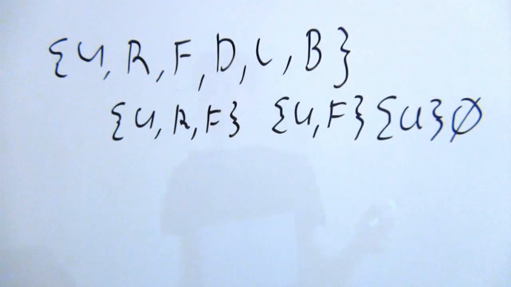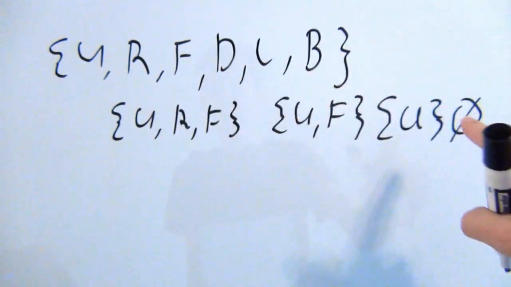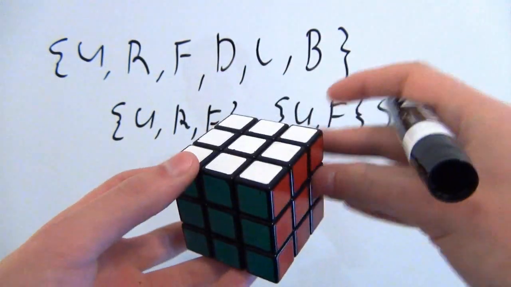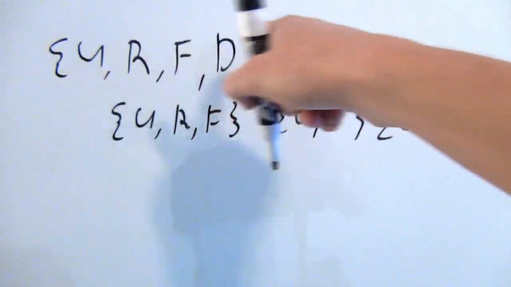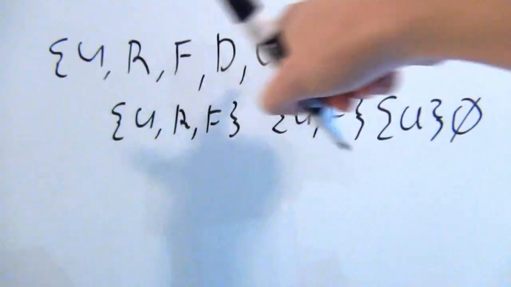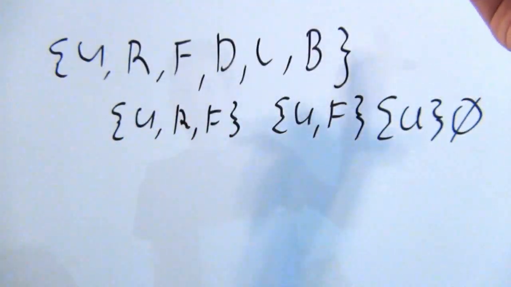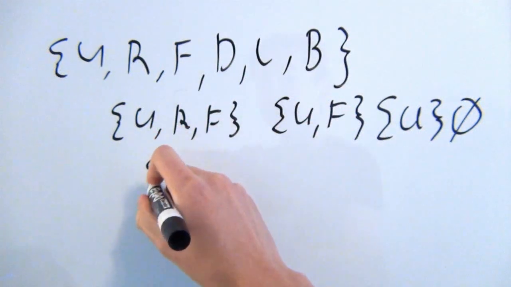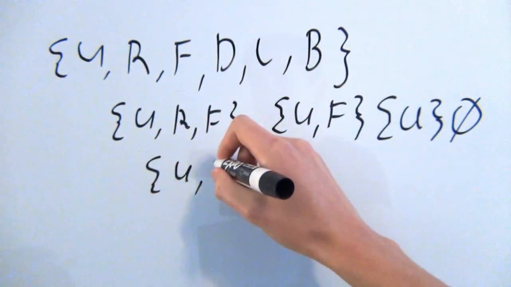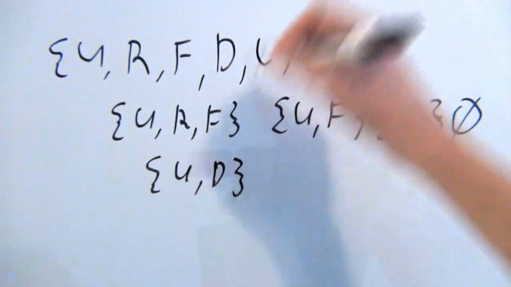But why stop there? What we have here are these grip signatures that are defining all the piece types we can find in a 3x3. But if you think about it, we could make a set using any of these 6 grips here that we want to. We could, for example, maybe define a grip signature that's UD or something like that.